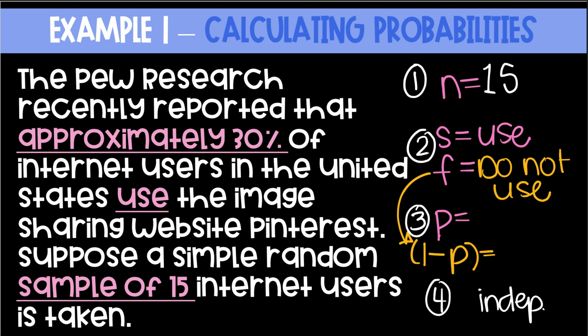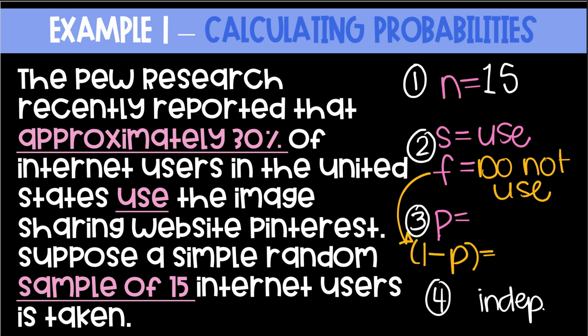Number 3, is there a well-defined probability? Yes, 0.30. Would it be the same probability for each time I randomly sample? Would it be the same probability for each of the users, or would it vary depending on which users you have?